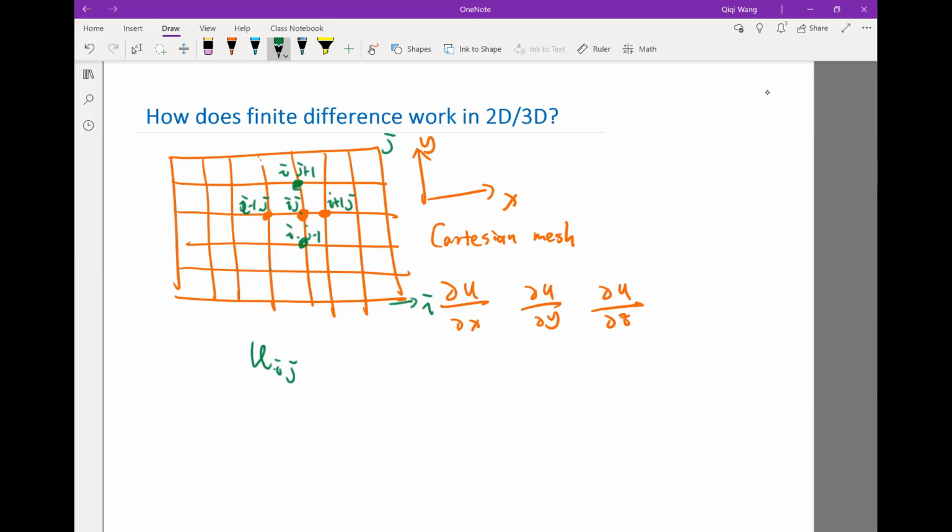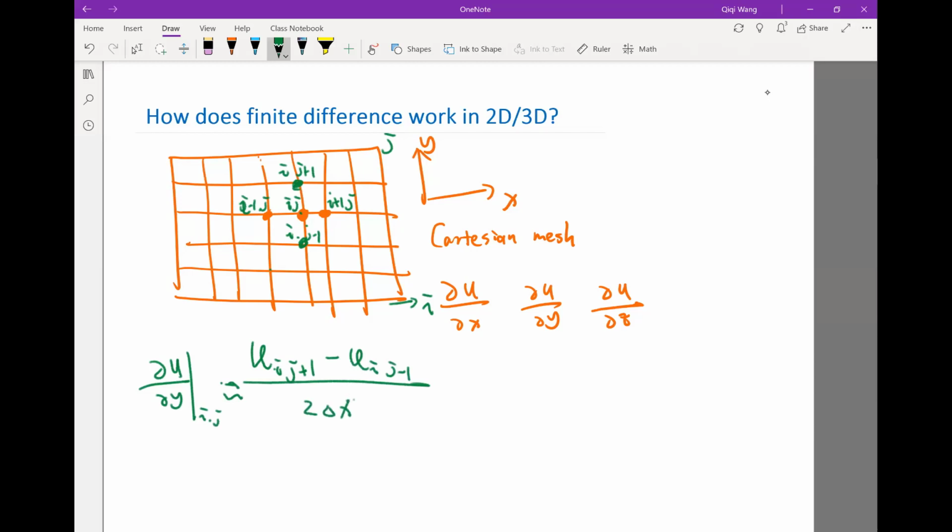So for example, if I want the y derivative, partial u partial y at ij would be approximated by u of i, j plus 1 minus u of i, j minus 1, divided by 2 delta y, right?